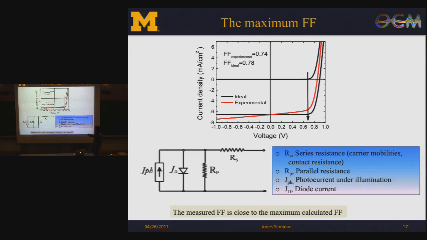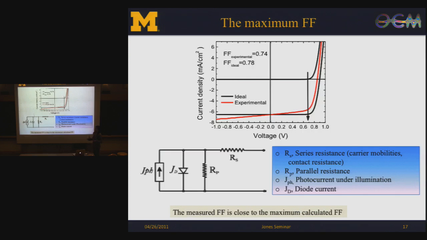Then we do the calculation of this curve, and the fill factor is 0.78. So this means you test the solar cell without illumination, and then you test the solar cell under illumination. The best fill factor you can get is 0.78.